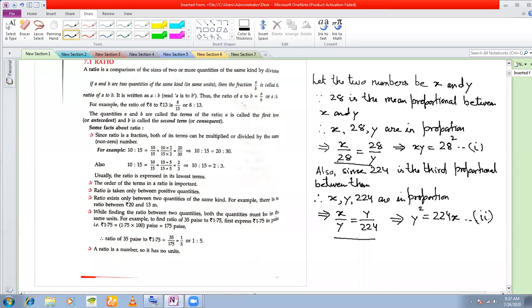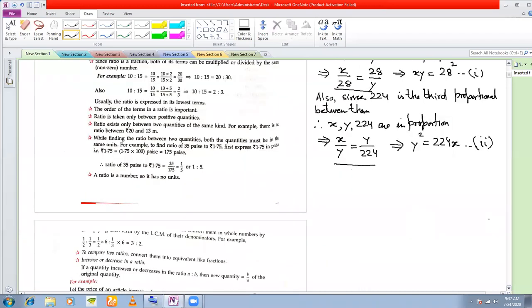Okay, so how to solve these two equations? From 1 we get x is equal to 28 square by y.